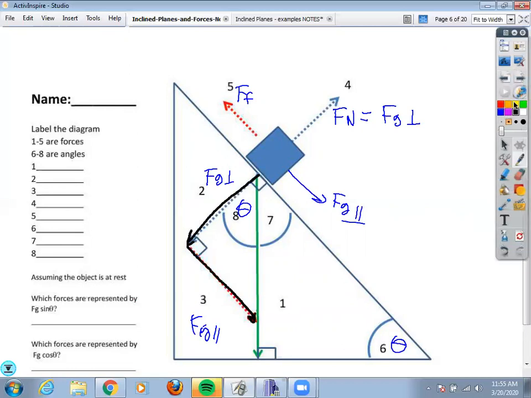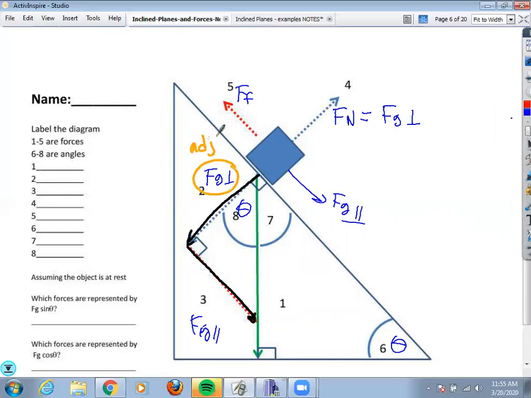Notice that FG perpendicular is the adjacent side to theta, and FG parallel is the opposite side.